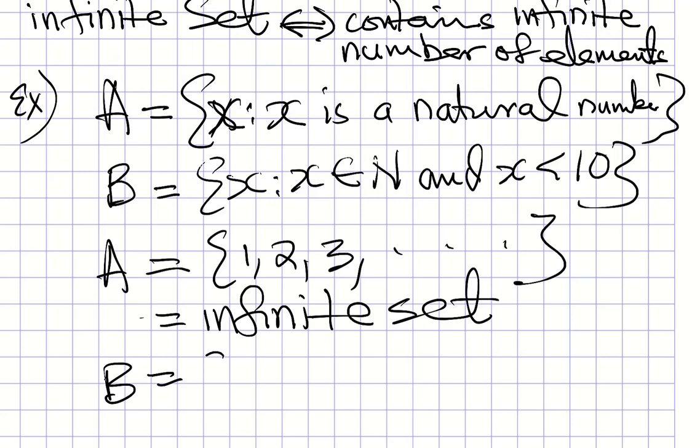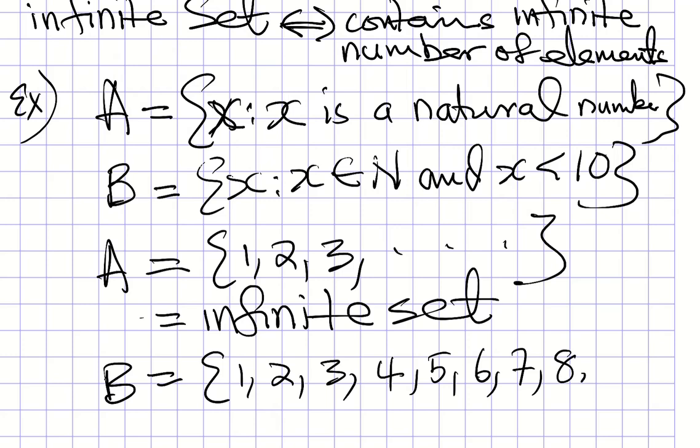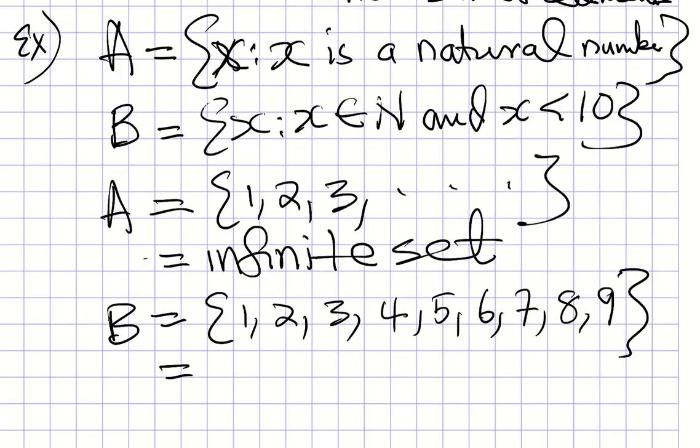So that means B is the same thing as 1, 2, 3, 4, 5, 6, 7, 8, 9. It doesn't include the 10. So B is a finite set, because the numbers they're not going to infinity.